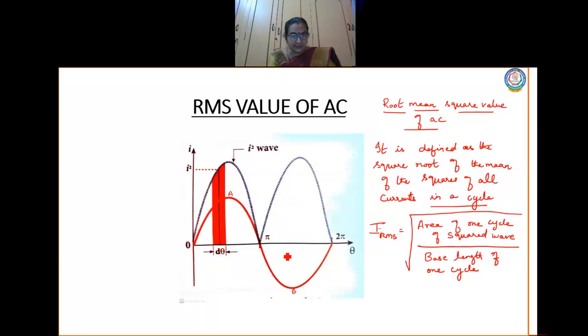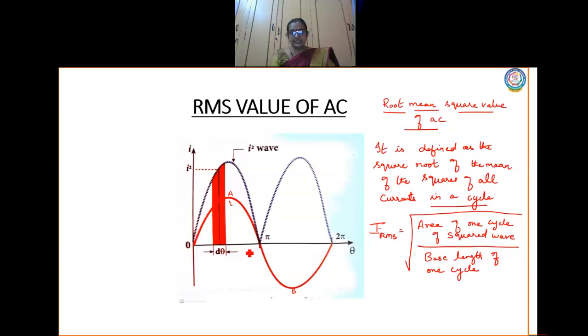Suppose I consider the value of current as I, which is the maximum current, I maximum. If you square it, I becomes I squared, and look at the amplitude here: the amplitude of the I squared wave is much greater than that of the I sine curve. Are you able to understand? So the square of it will have greater amplitude. Similarly, in the negative direction, here I have minus I, right?